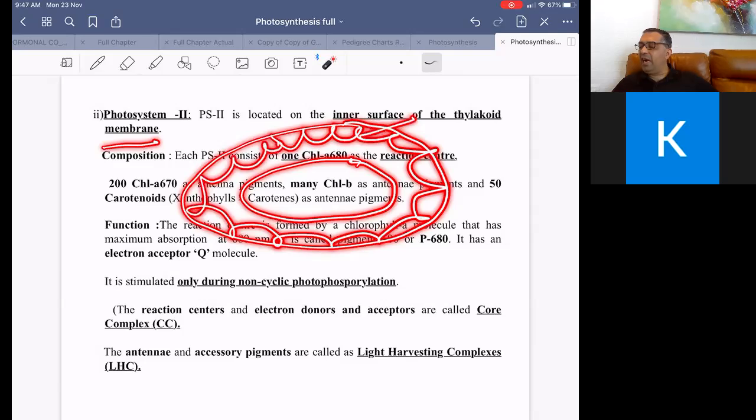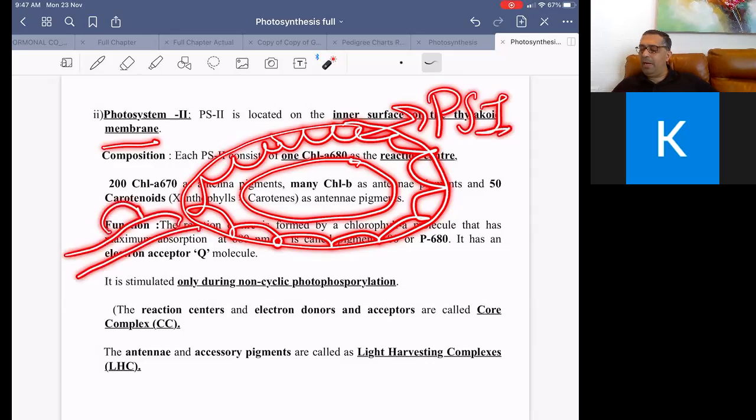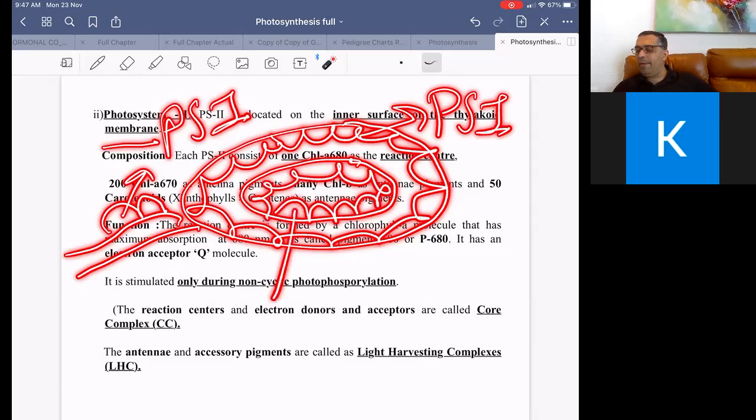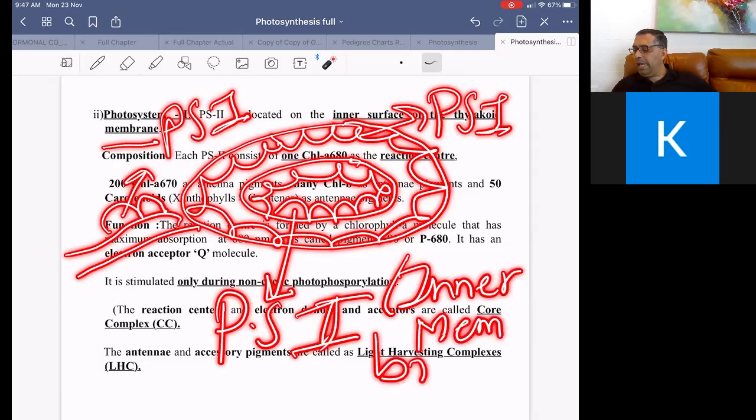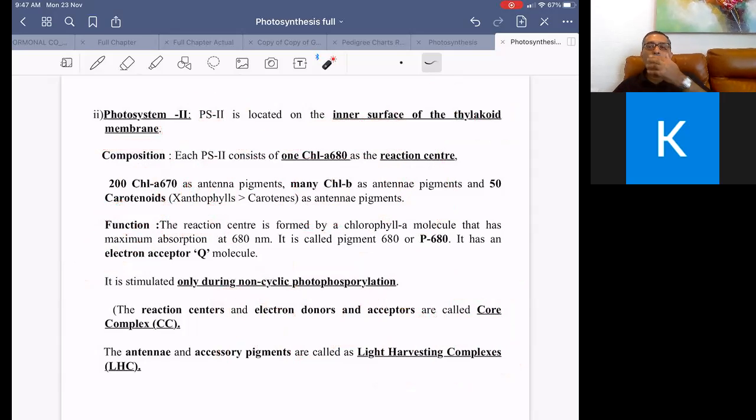Outer membrane में we had photosystem 1 और intergranule lamellae में भी photosystem 1. नाउ इनर मेम्ब्रेन ऑफ थाइलाकॉइड में कौन है? इनर मेम्ब्रेन ऑफ थाइलाकॉइड में है फोटोसिस्टम 2। और उसके अंदर फोटोसिस्टम 2 हैज one chlorophyll A 680 as the reaction center.